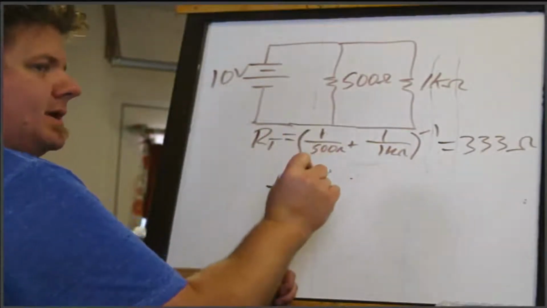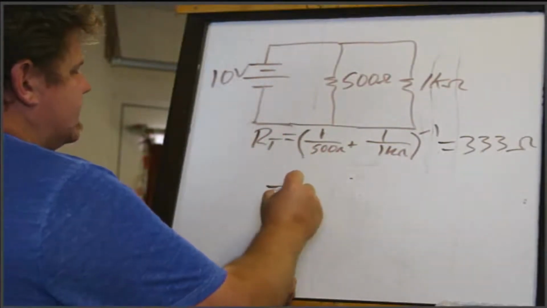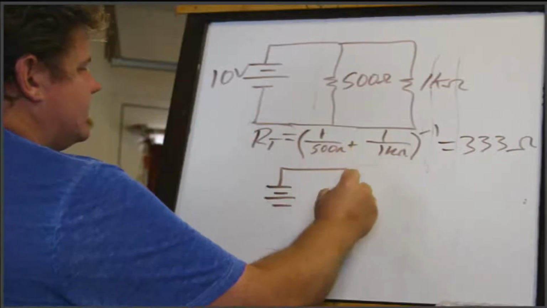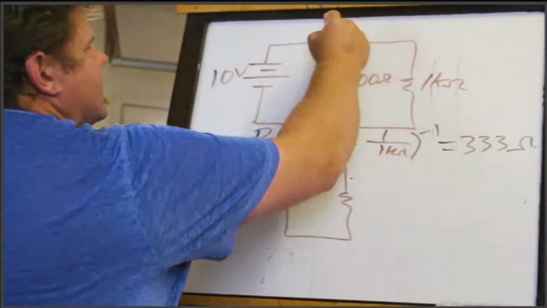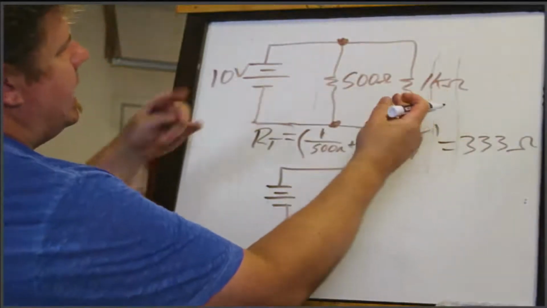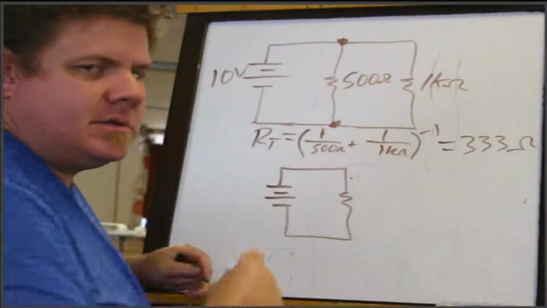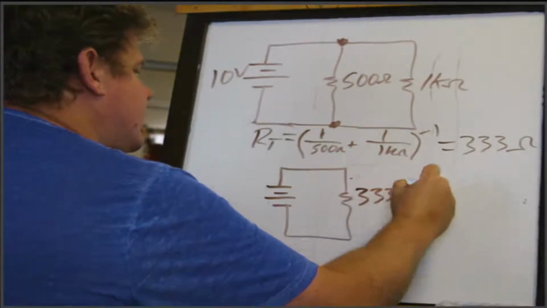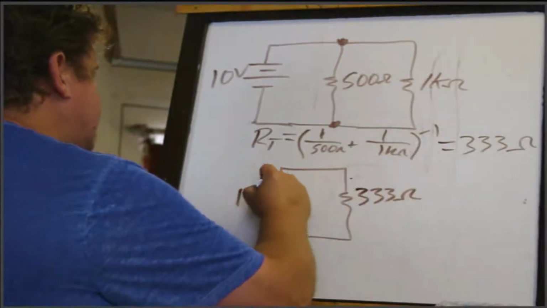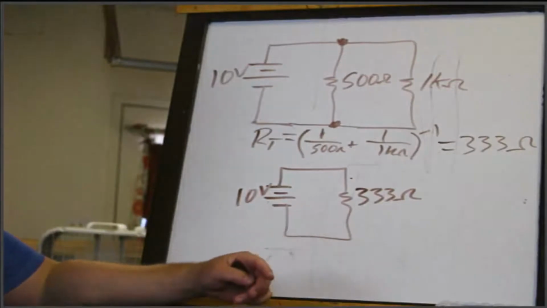I'm going to erase this in a second, but we can look at this like this. We just took that combination from here to here, right? And we came up with a single resistance in its place. And so you could look at this if you just want to look at the totality of the circuit. That's essentially what we're dealing with here, okay?